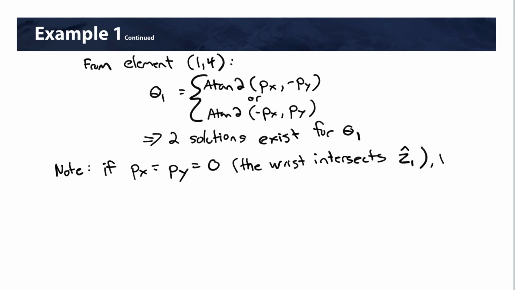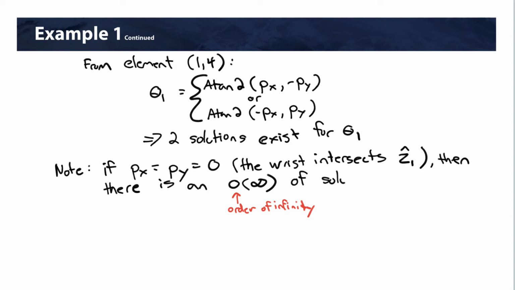So if that's the case, let's make a note then. There's an order of infinity. So this means order of infinity, we'll use that as a shorthand, of solutions for theta 1.